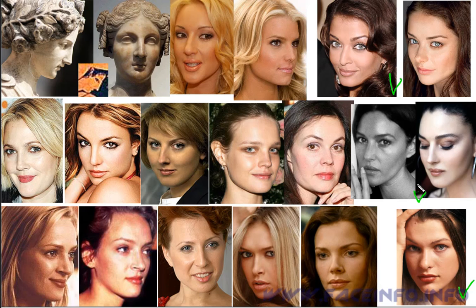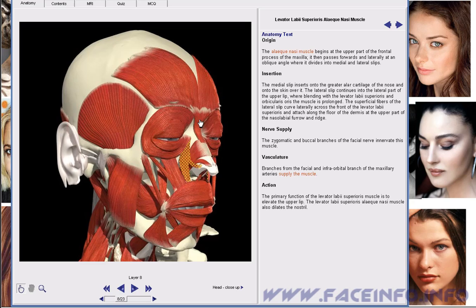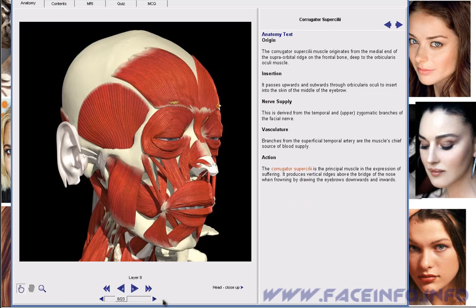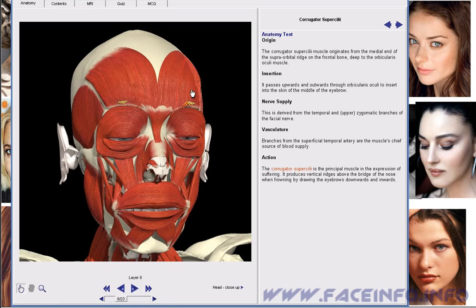And I'd like to add that the shape of this spot, the nasion, is also formed by muscles. These are the frontal bellies of the epicranius muscle, and these are the corrugator supercilii muscles that wrinkle the brows.